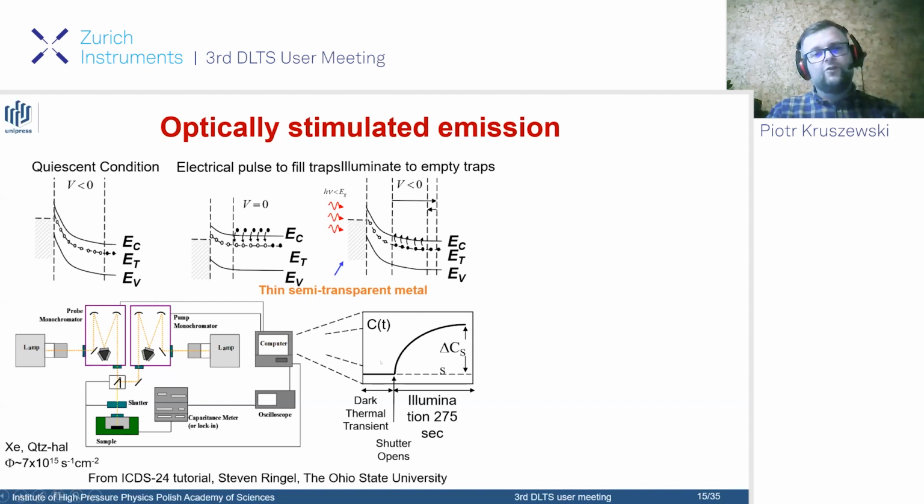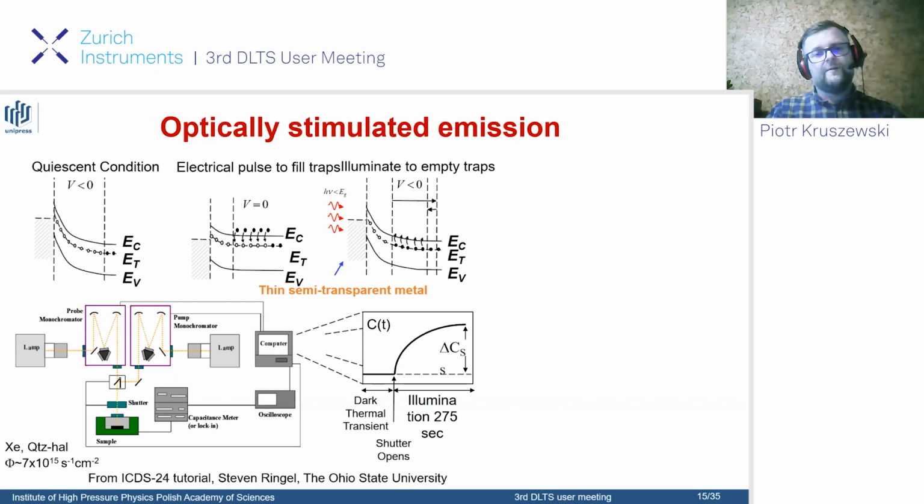And you use in this case light instead of temperature. So deep traps can be emptied when the photon energy is in resonance with the trap level.